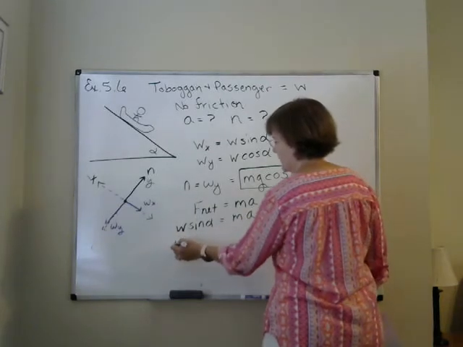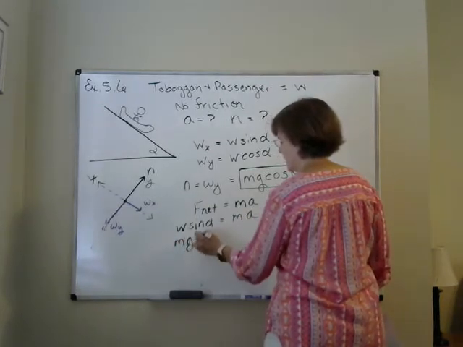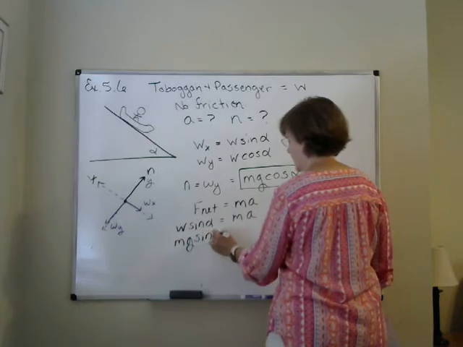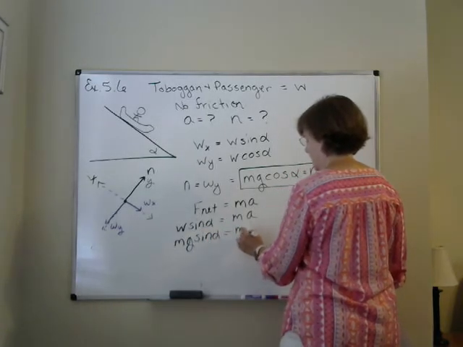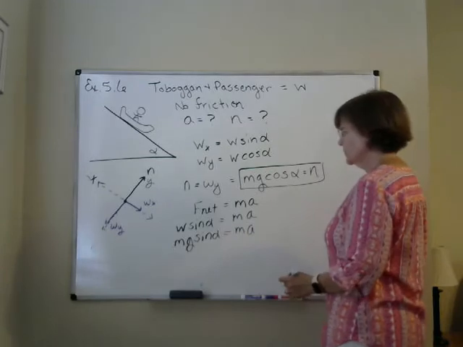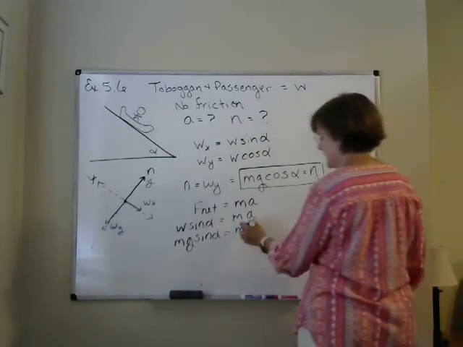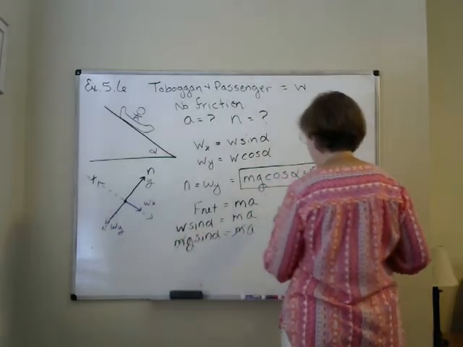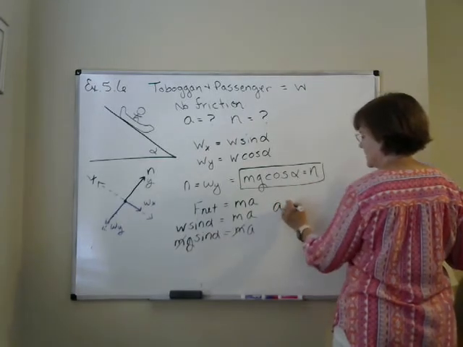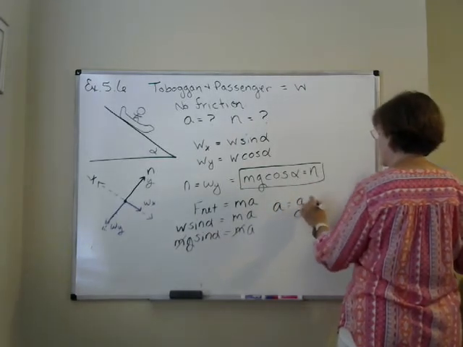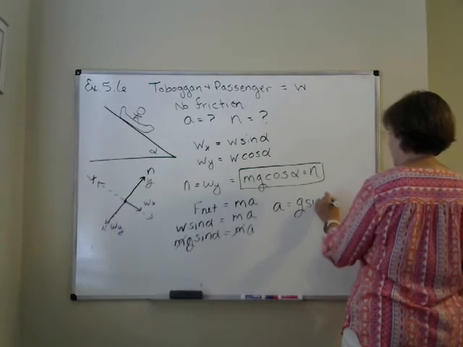But remember, W is mg. So those masses will divide out when I divide by mass. So I end up getting that my acceleration is simply g sine alpha.